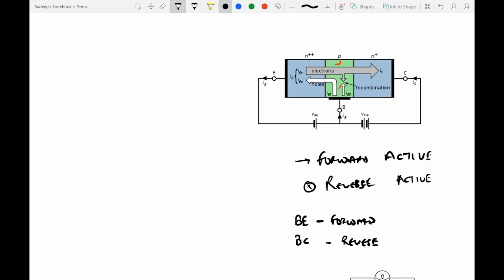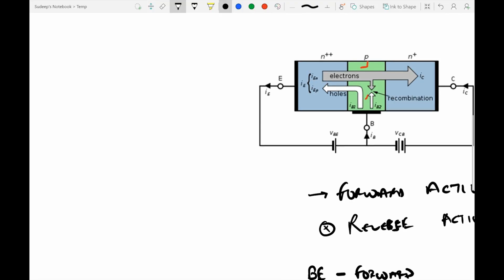When we do the connection, as we said, making the base and the emitter forward biased, the emitter, which has the majority charge carrier as electrons, would allow these electrons to cross over the junction into the p-type base, and we would be able to see a flow of current.